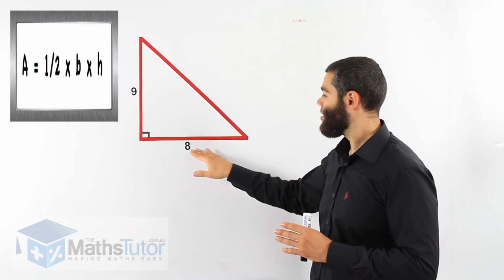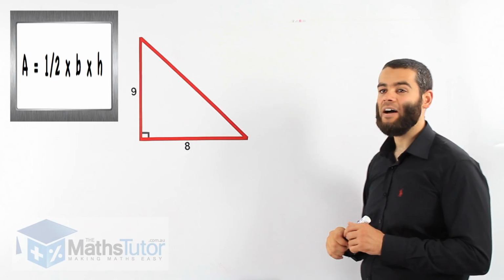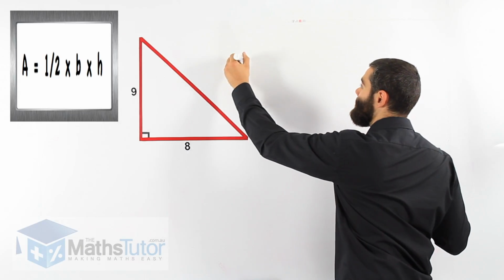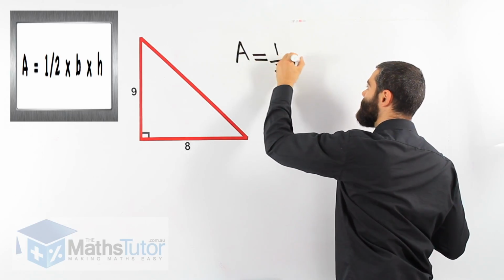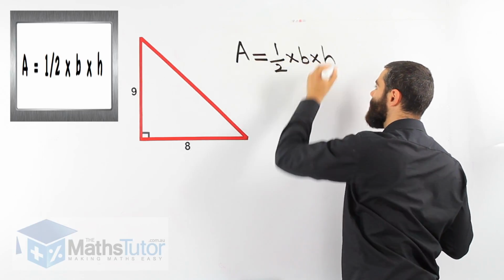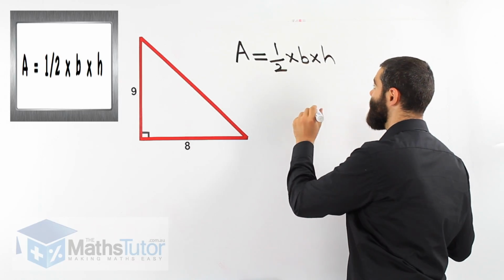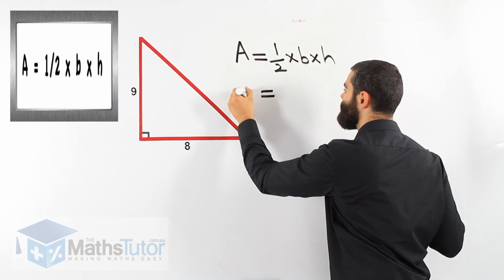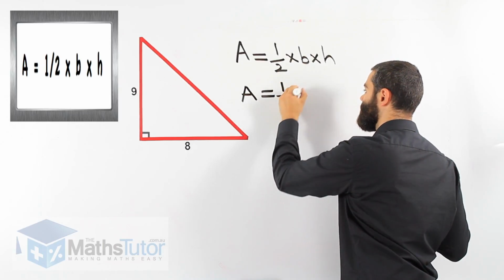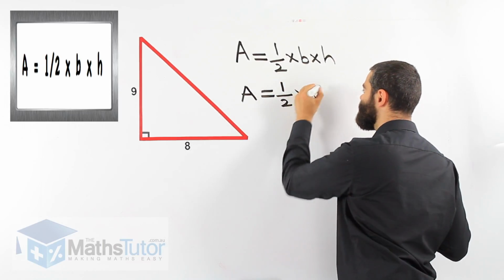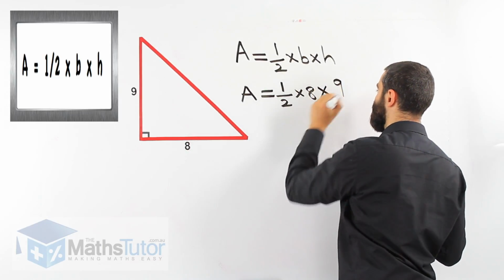Now we can locate the base. We can locate the height. Let's use our formula to work it out. A equals half times base times height. Very important to write the formula. You're going to get marked for that. Half times base times height. Half times the base, the base is 8, there it is, and the height is 9.